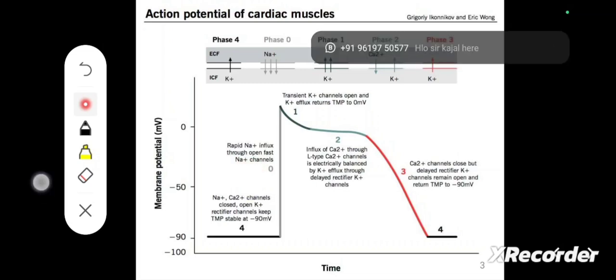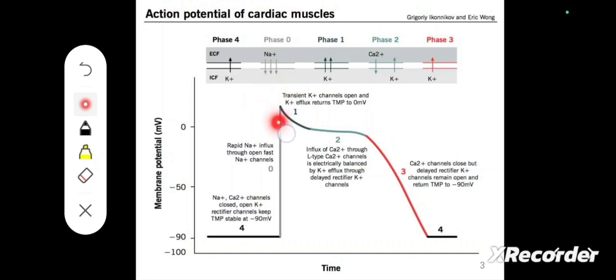As the potential nears its peak, sodium channels close quickly and voltage-gated potassium channels open, and this results in a small decrease in potential. This phase is known as partial repolarization, or phase 1.